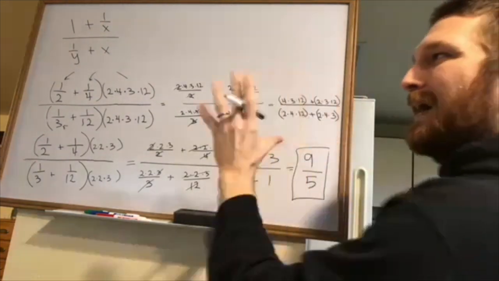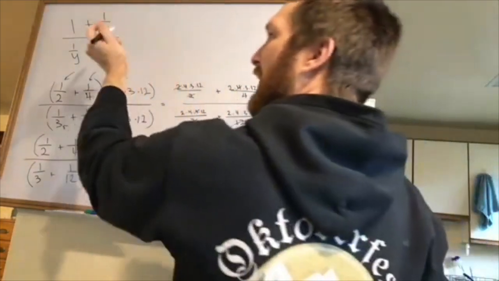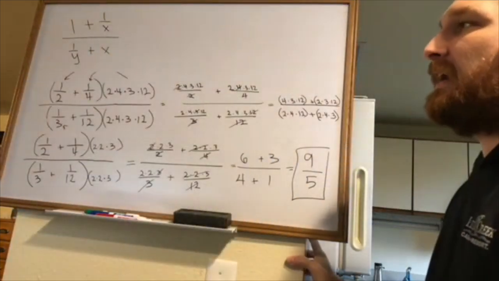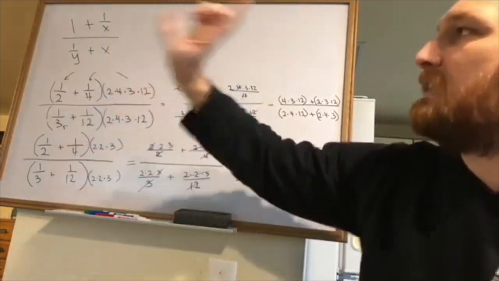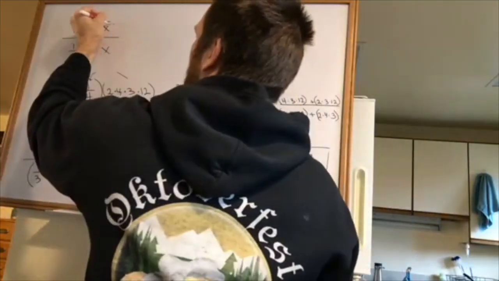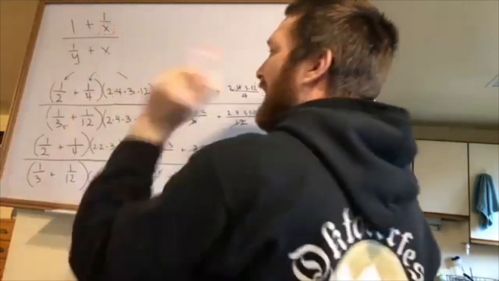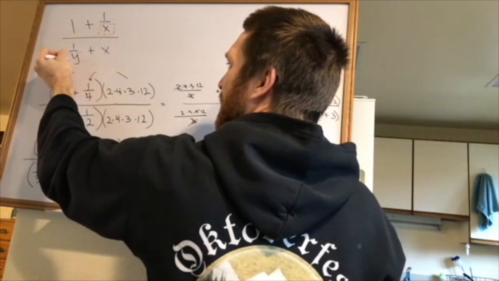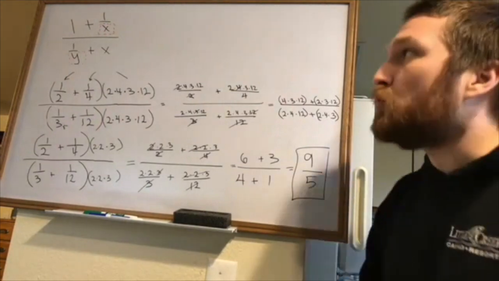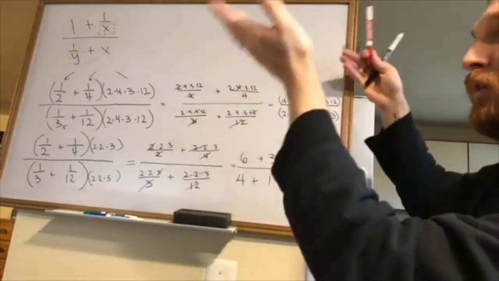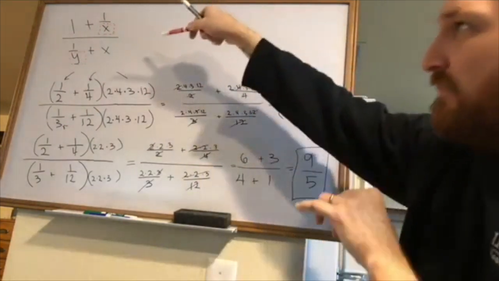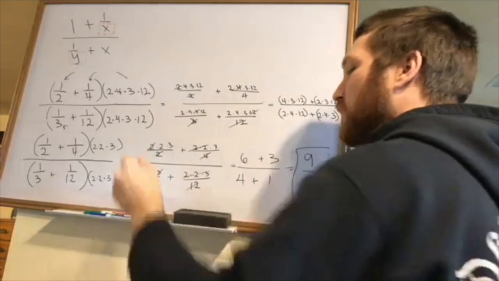But what my mind sees immediately is, uh-oh, I have fractions inside of a bigger fraction. It would be really nice if I could get rid of this guy right here and this guy right here. If they were not down there in those denominators, I would know what to do because I dealt with polynomials divided by polynomials. But now when you have fractions inside of fractions, that's no good.